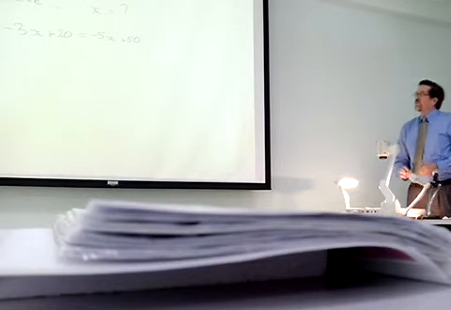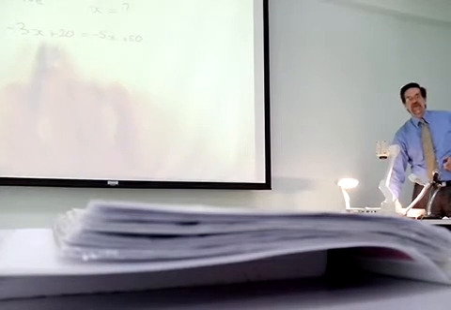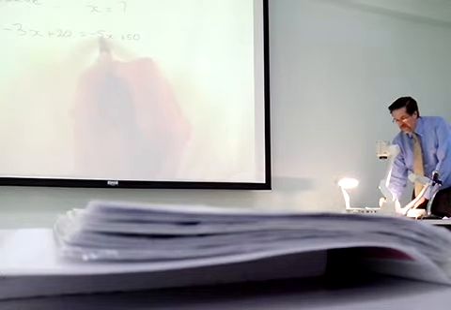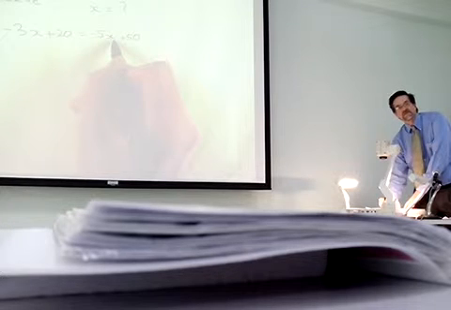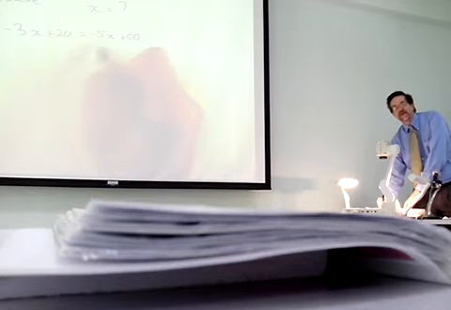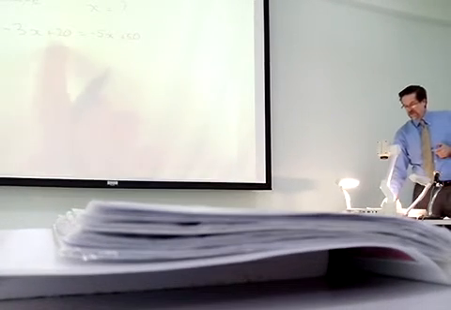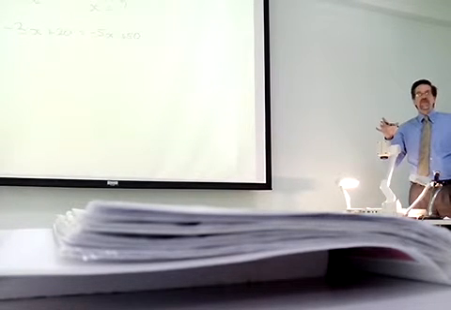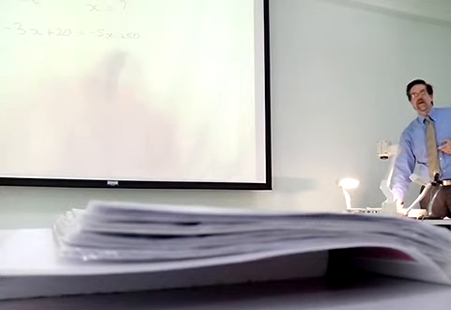Then we want the x on the left-hand side. So how do I get rid of the negative 5x over here? What do I do next? I want to eliminate the negative 5x. And remember that with an equation, I can do anything as long as I do the same thing to both sides.